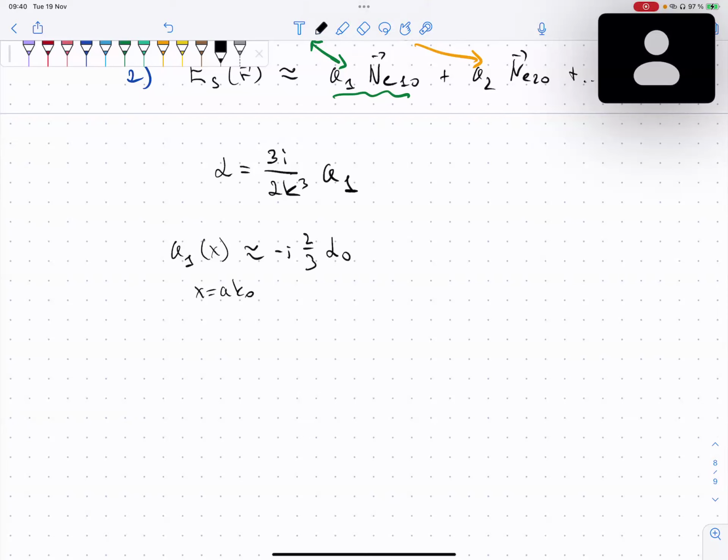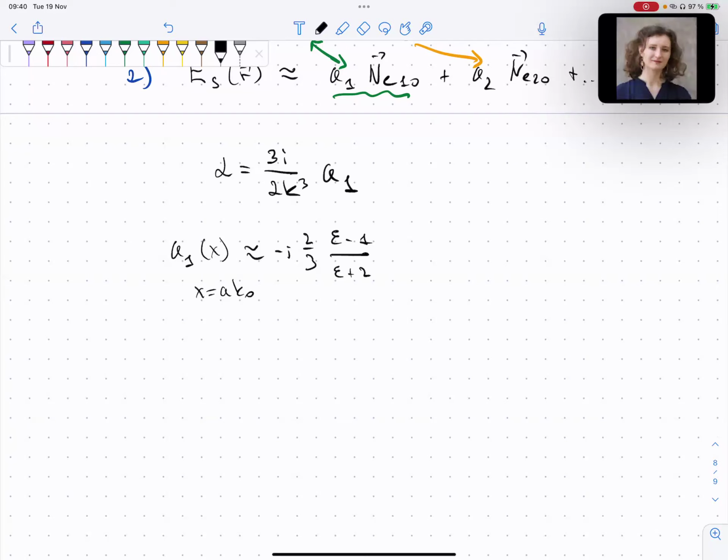Yeah, it's correct. It's epsilon minus 1 divided by epsilon plus 2, multiplied.